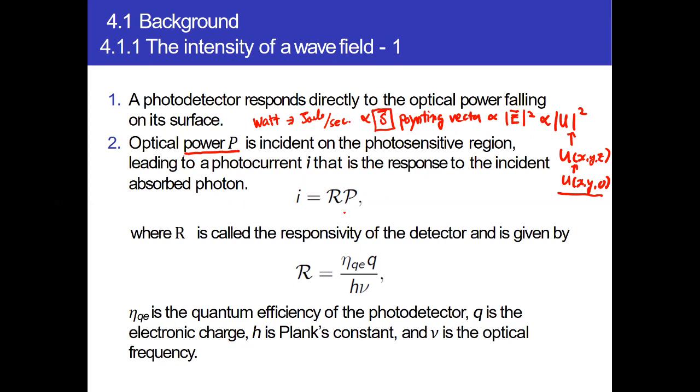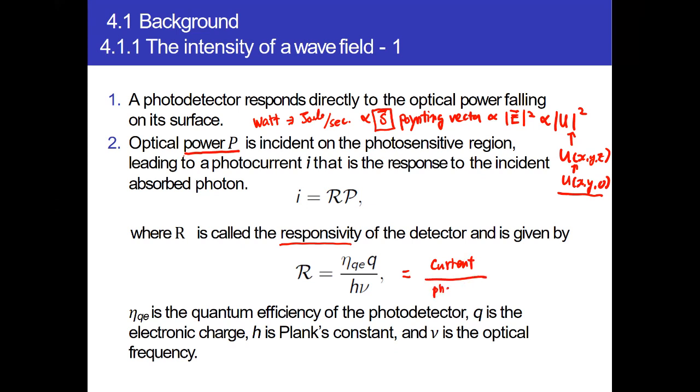The current is proportional to power times the responsivity of our detector. And responsivity is proportional to various numbers, like the quantum efficiency eta QE, where Q is the electronic charge and nu is the optical frequency.